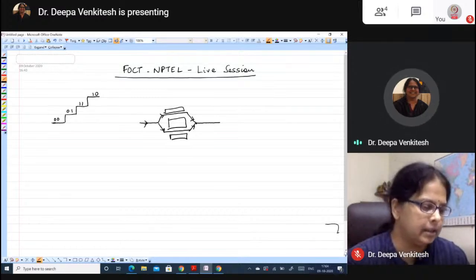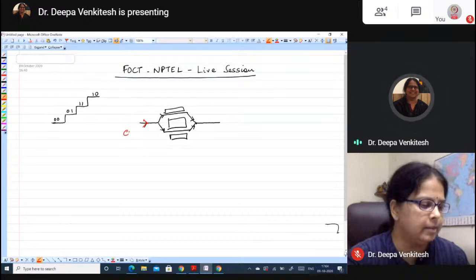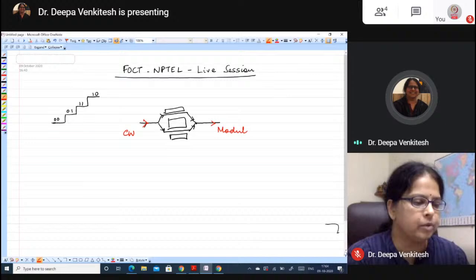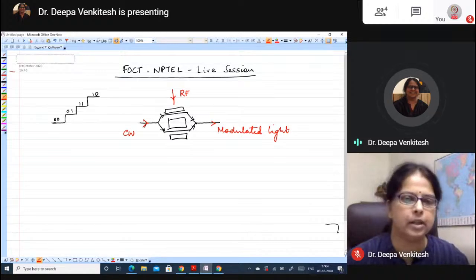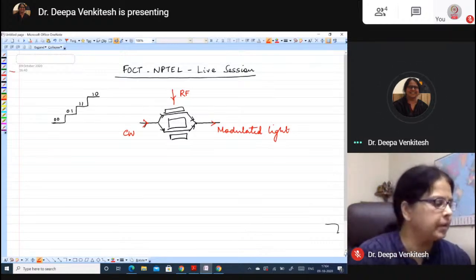But in any case, if we send CW light in, what comes out is the modulated output, and the signal that you have to modulate is given in the RF port of the modulator.